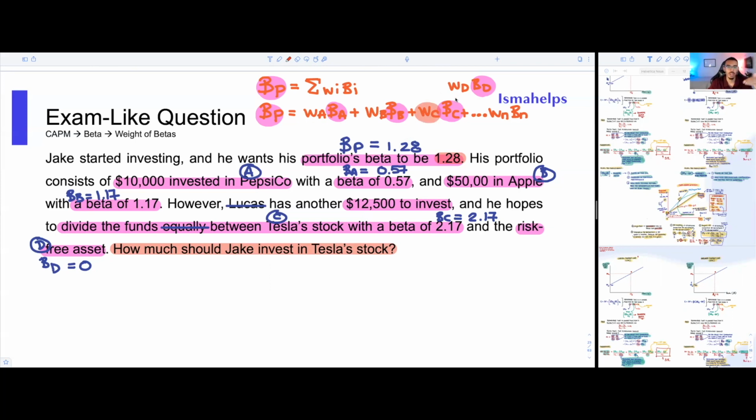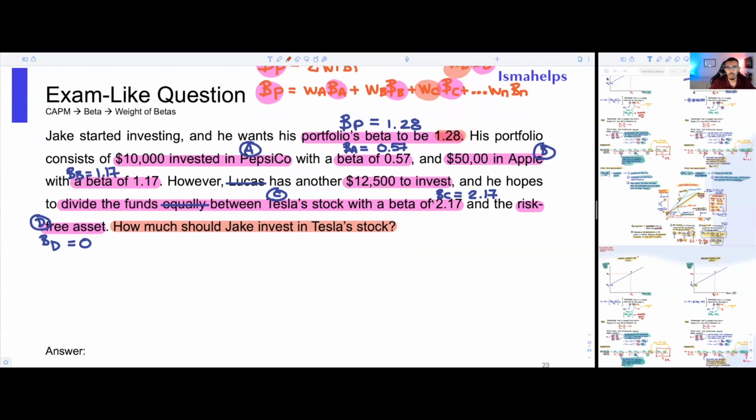But because we don't know how much is going to be invested into C, we also don't know how much will be invested into D, because it didn't give us any amounts for Tesla and the risk-free rate. We'll talk about that in a second. However, we can figure out the weight of A and the weight of B. It becomes a simple game of computing the total value of our portfolio in terms of dollar figures.